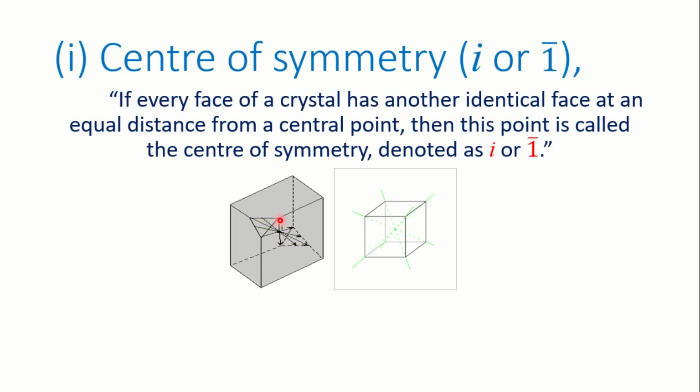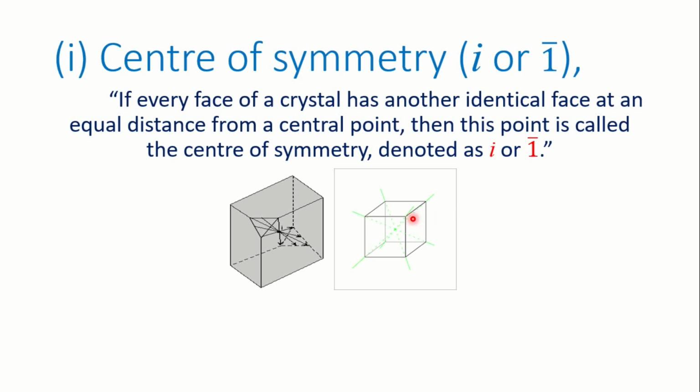Now if you start your journey from this point and pass through this center, the journey would end here, the same distance, and this point is repeated again. Similarly, from any part of this crystal or unit cell, you can get repetition if you start your journey from any point and pass through this single point, and this is the center of symmetry.